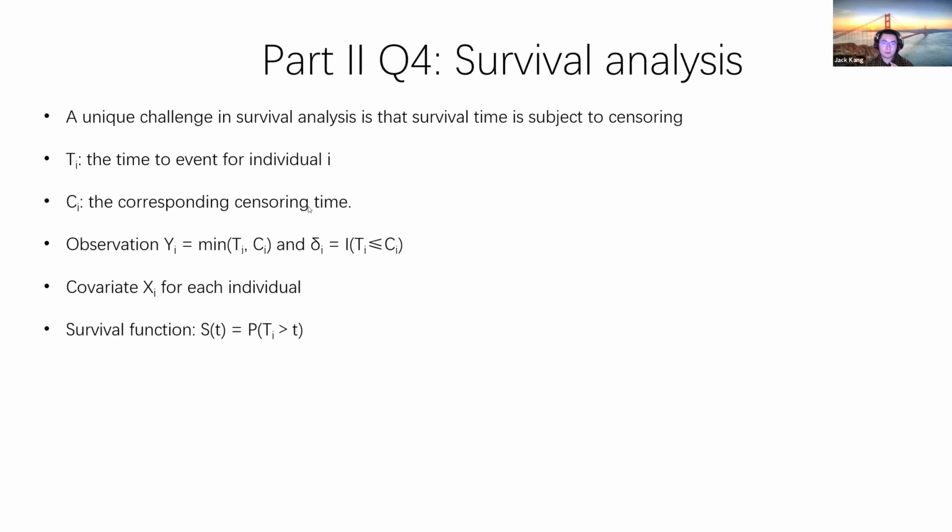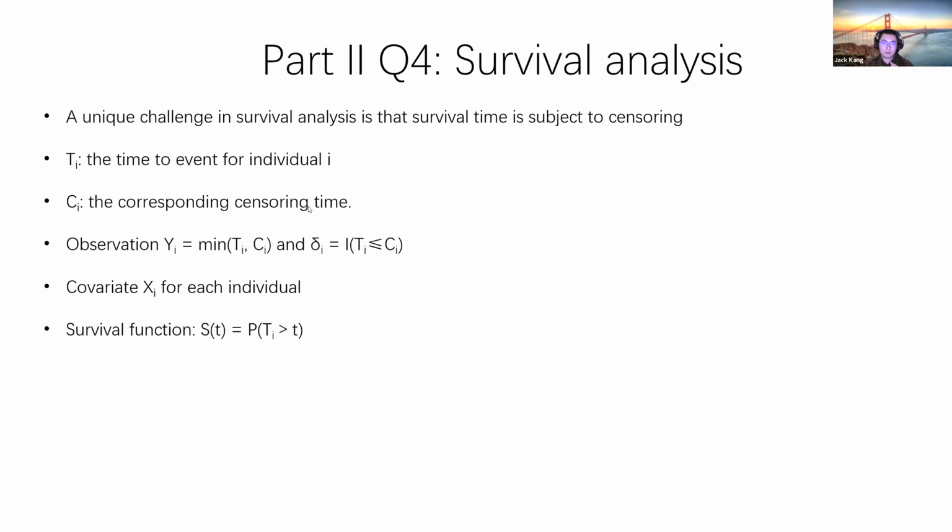But to rigorously check if they have different survival functions, you need to use this log rank test to determine if the survival curves are significantly different across the two levels of the covariate.